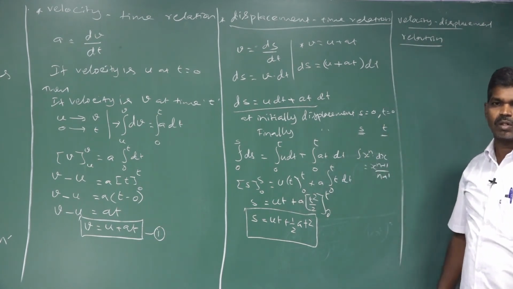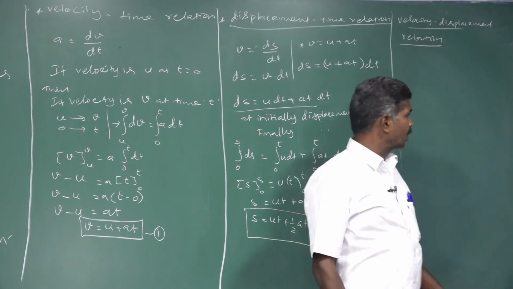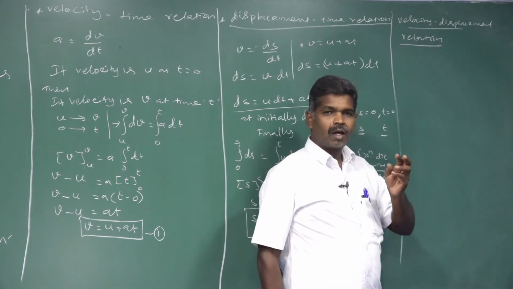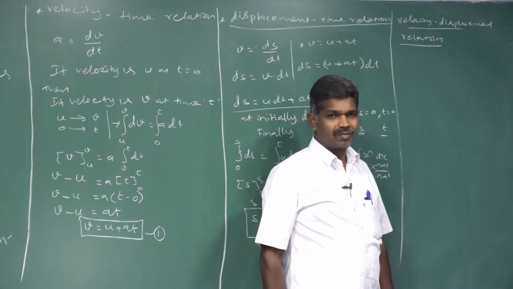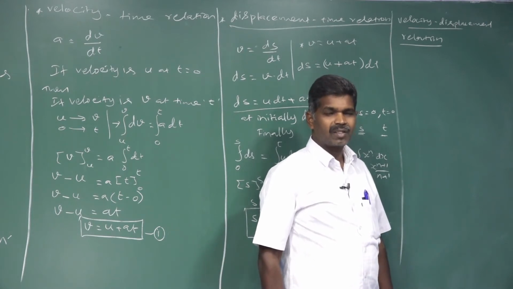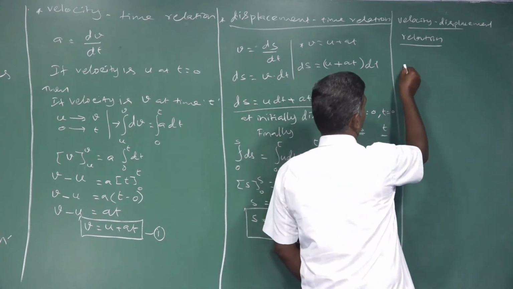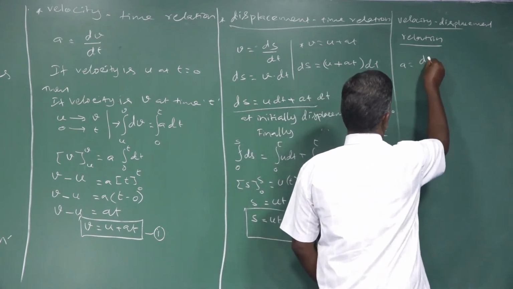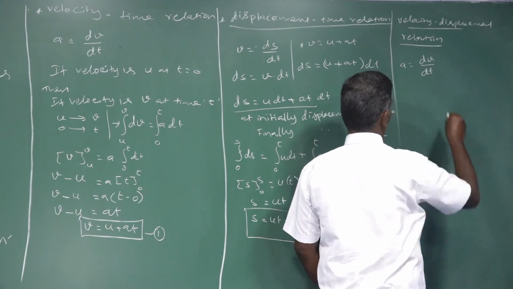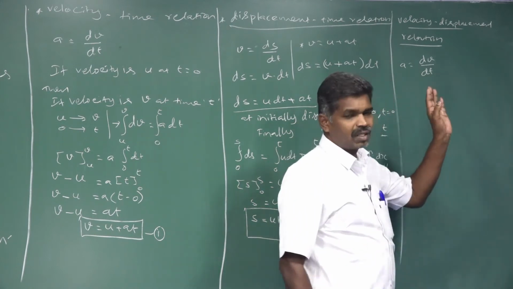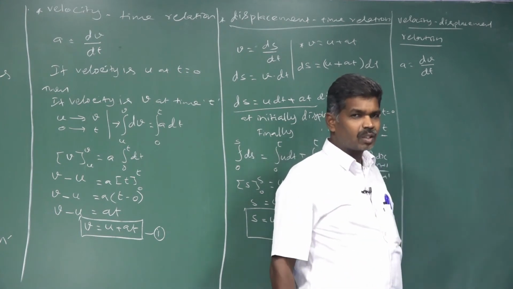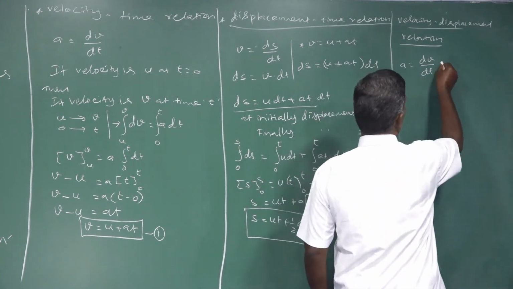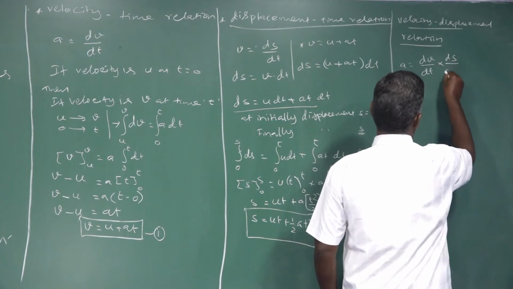Here we are going to take the acceleration equation. The first derivative of velocity with respect to time is called acceleration. a is equal to dv by dt. For the velocity displacement relation, the displacement needs to be included on the right side, so we multiply by ds divided by ds.